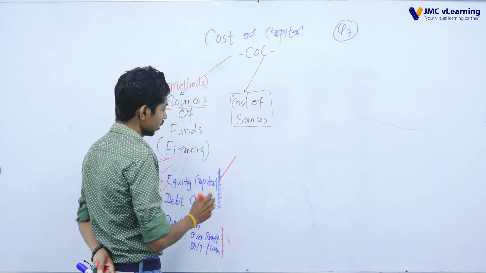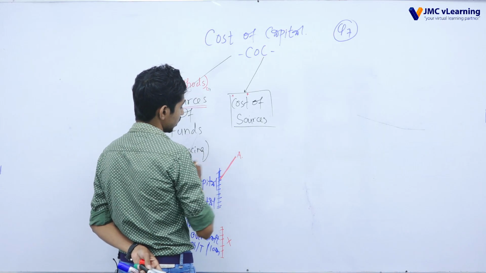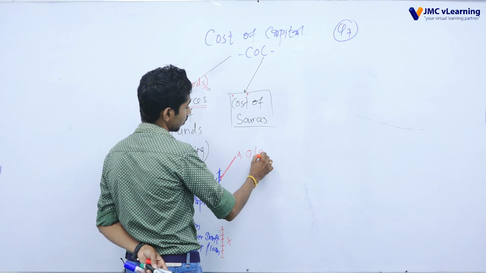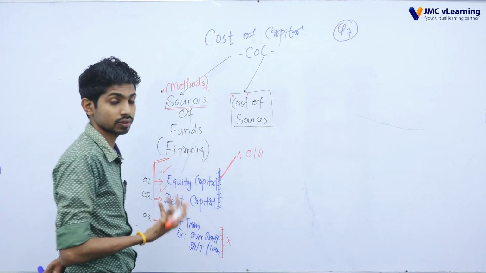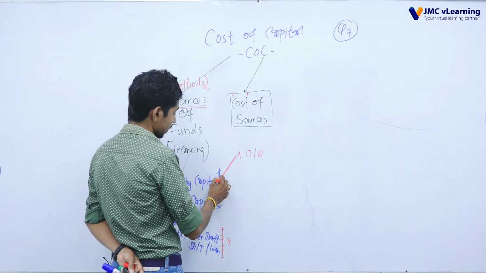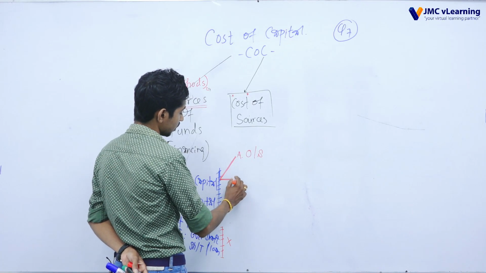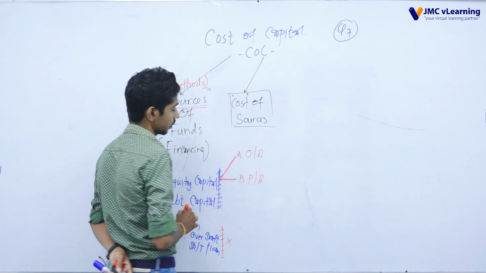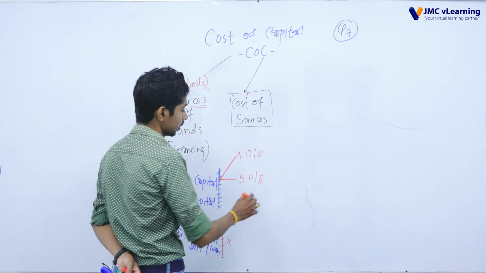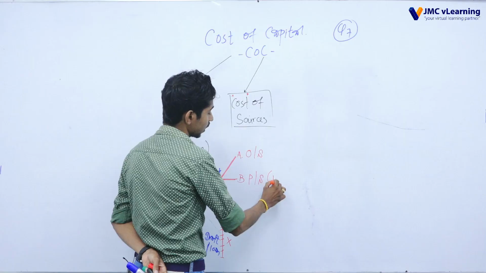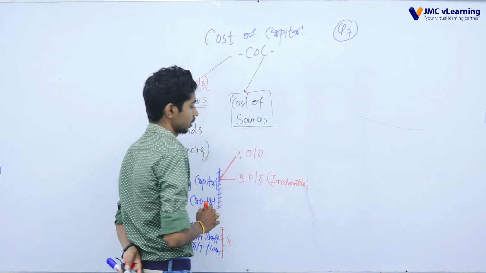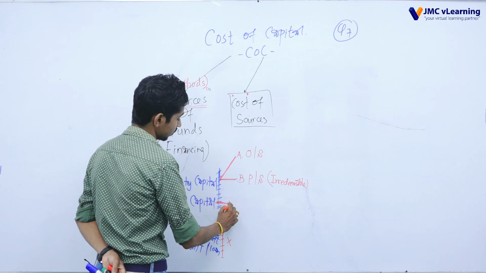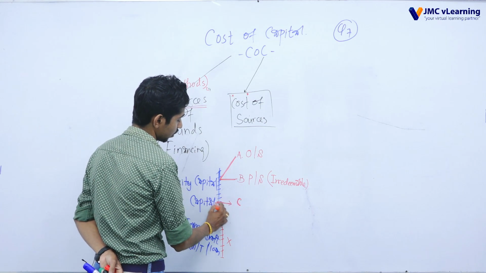Under equity capital, normally it is available as ordinary share capital, ordinary shares, OS. The other one is preference shares. Here we think about the irredeemable ones. Under debt capital, there are 2.